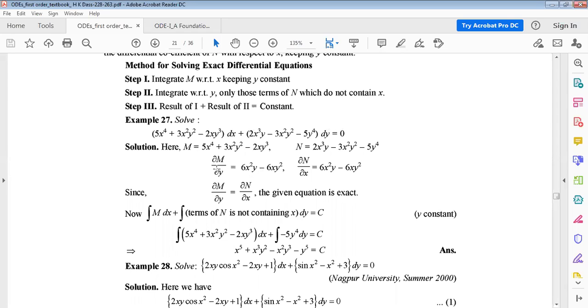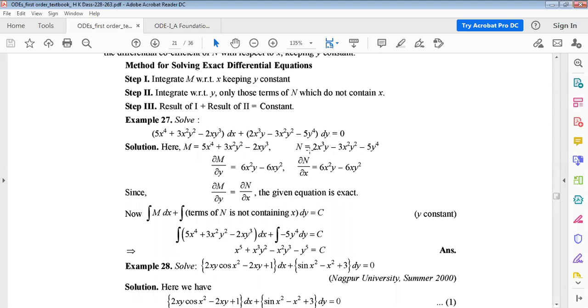Now taking the partial derivative with respect to y, that means x will be constant. You must know about partial differentiation. So taking the partial derivative of M with respect to y, this term will be constant, so it gives 0. The derivative of y^2 is 2y, so the term gives 6x^2y, and the other gives 6xy^2.